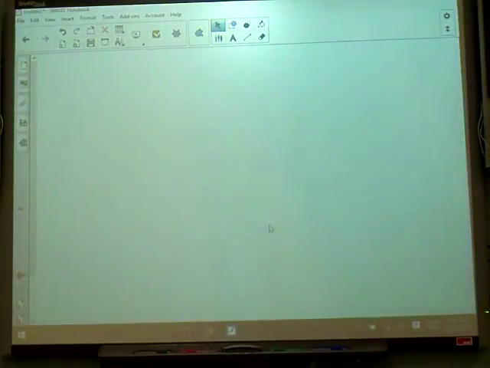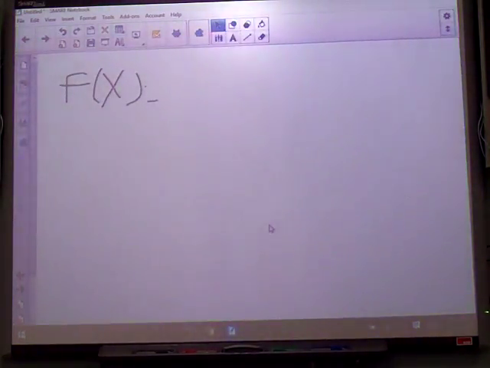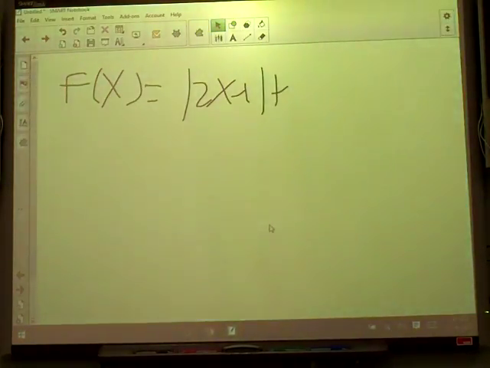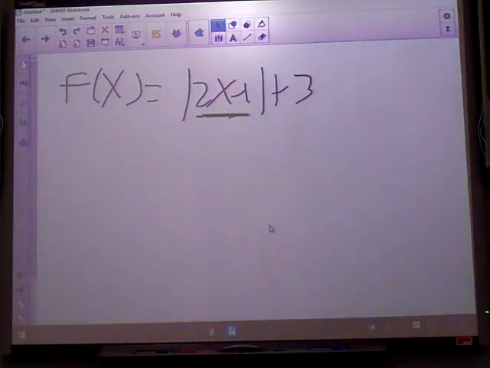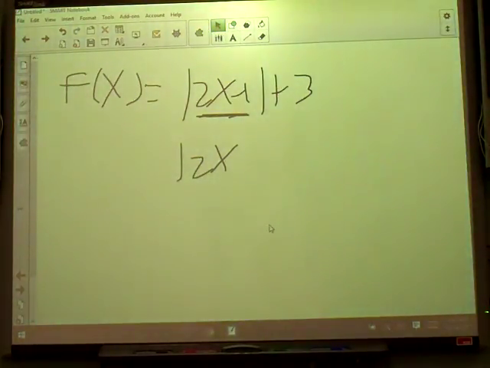Alright, 73, we got f of x is equal to the absolute value of 2x minus 1 plus 3. And we want to take that 4 units to the left. Left and right goes in with the x. So this one's already got the x in those bars already. So in with the x, and we're taking it 4 units left.